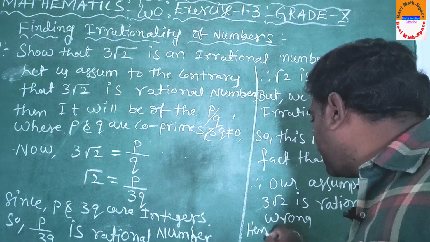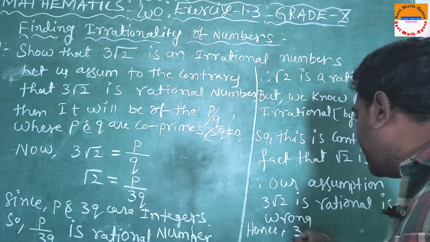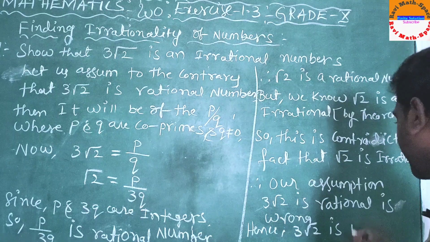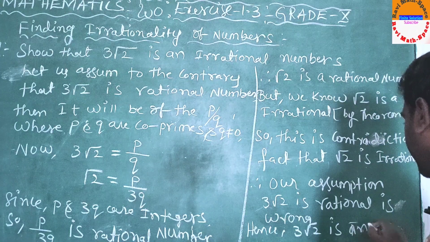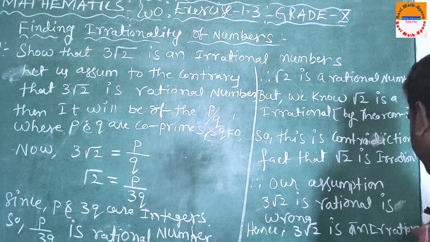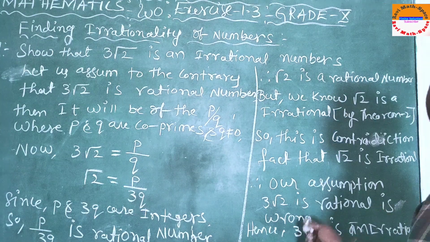Hence, what can I write? 3 root 2 is an irrational number. Hence proved.